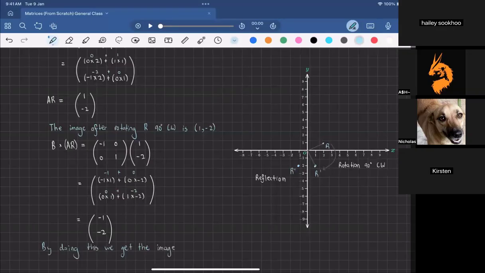Right. But that's not the easiest way to do it. And we found a combined transformation.